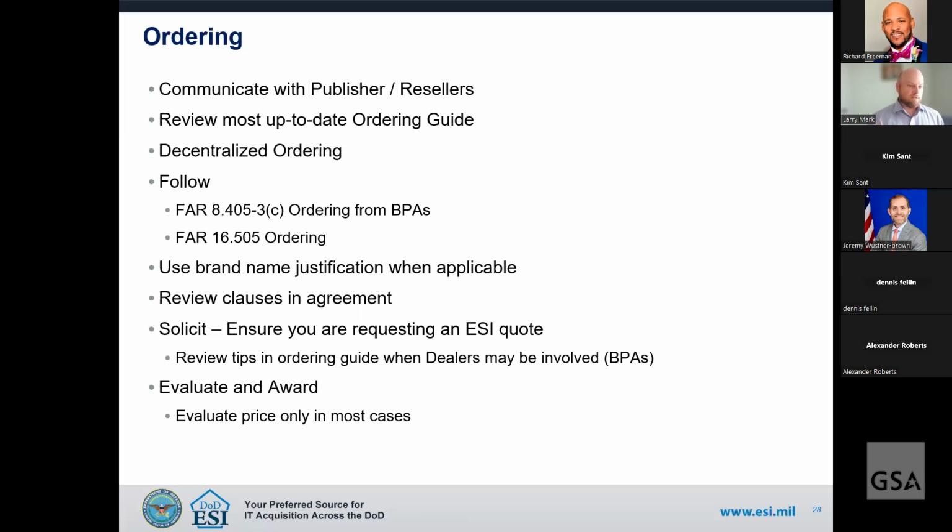Again, review the tips in the ordering guide when dealers may be involved, specific to GSA BPAs only. Evaluate an award: in probably 99% of the cases, hopefully all the cases, you can just evaluate price and it should be quick and easy. At least that is what our goal is.